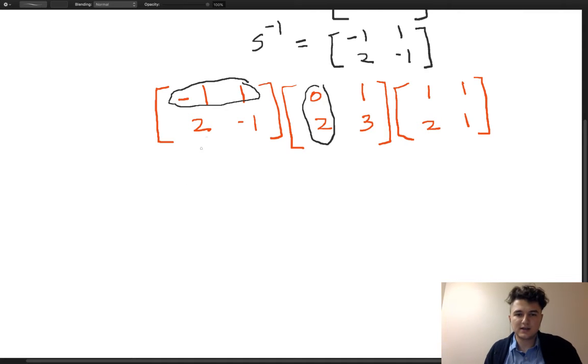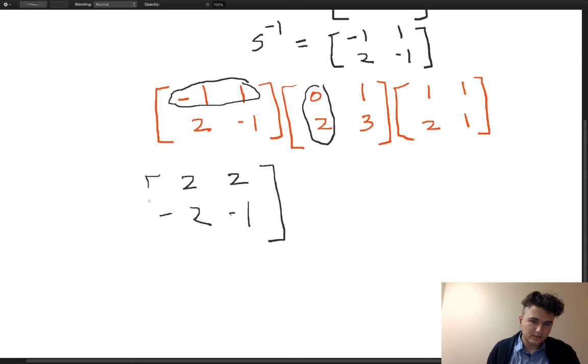So in this case, we're going to get 0 plus 2. Then we're going to get negative 1 plus 2. Then we're going to get 0 minus 2. Then we're going to get 2 minus 3, that's going to be negative 1.